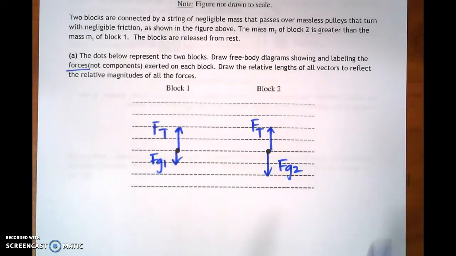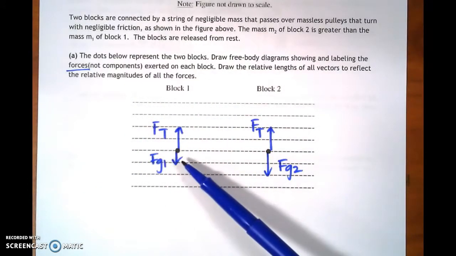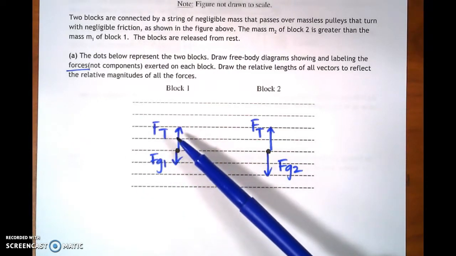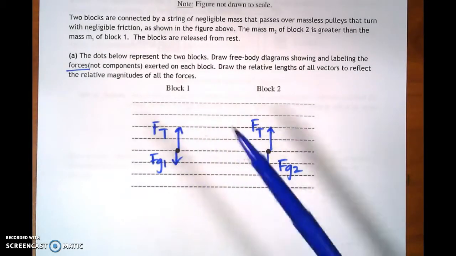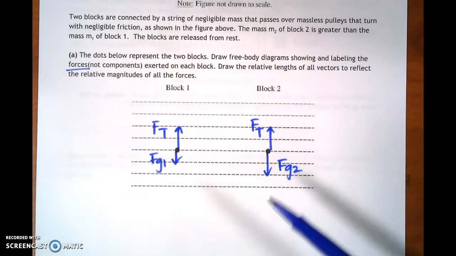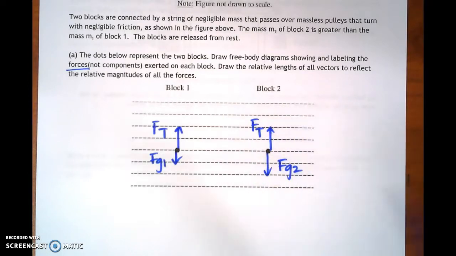Now, there's one more thing to consider here. When I look at this diagram, if I was going to guess which way this object would accelerate, I've got a larger vector moving up my page, so I'm going to assume this object's going to accelerate up my page. When I look over here at block 2, how I drew these makes it look equal. Is that an object that would accelerate? No, this looks like net force 0.